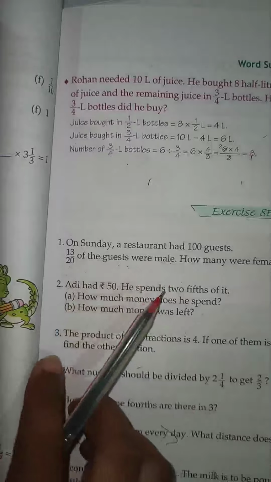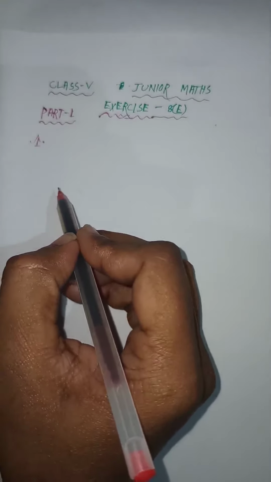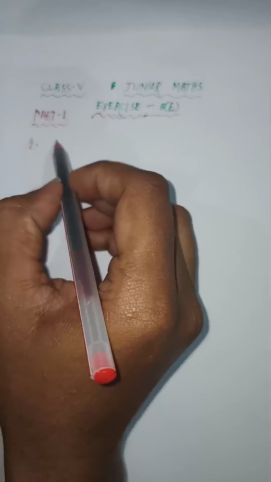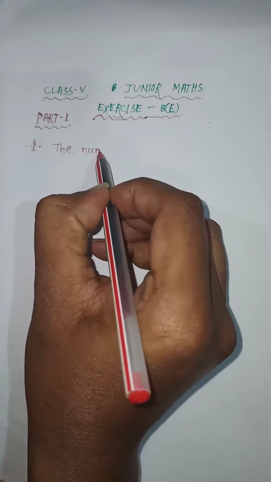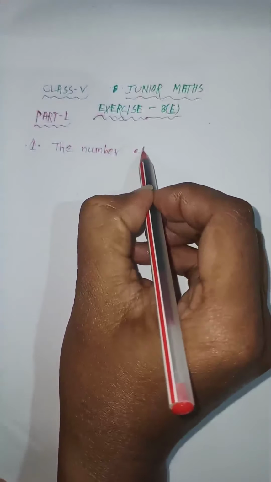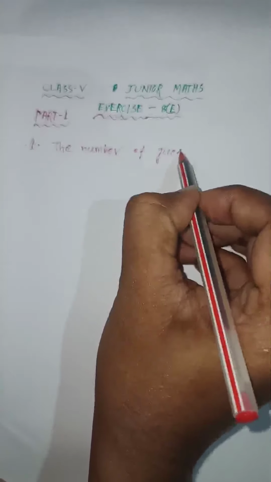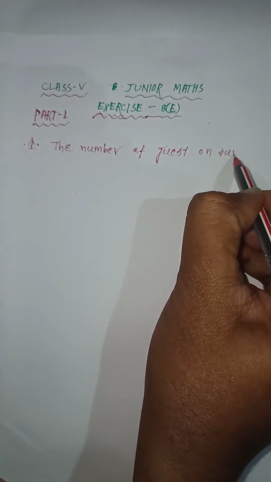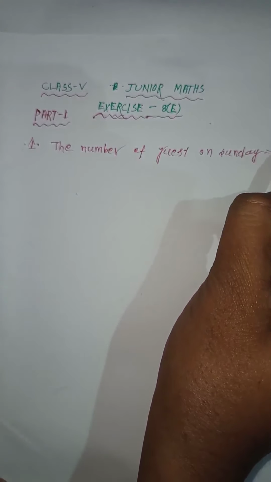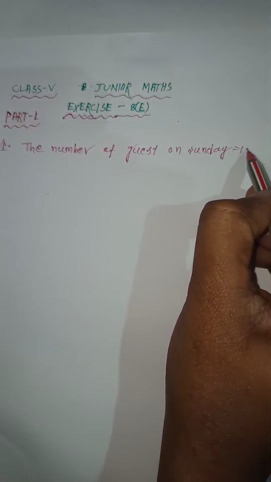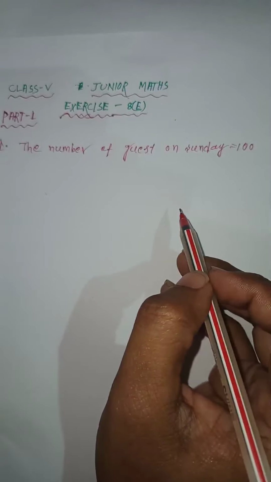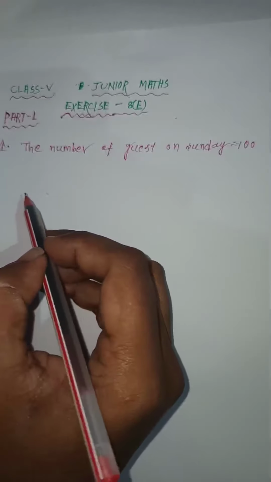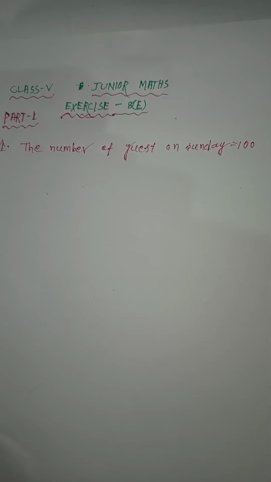Okay, so first, in this question, on Sunday the restaurant had 100 guests. So the number of guests on Sunday is equal to 100. 13 by 20 of the guests were male.